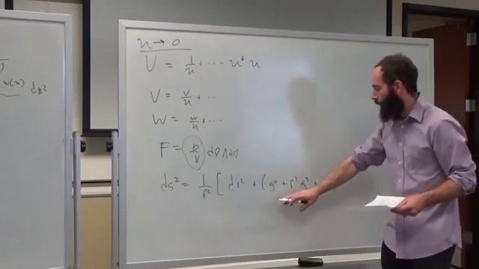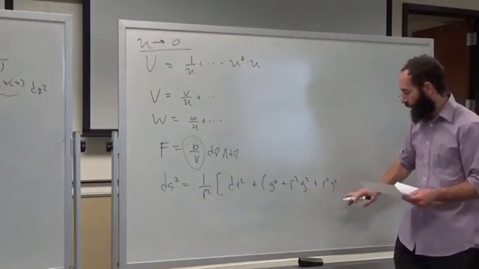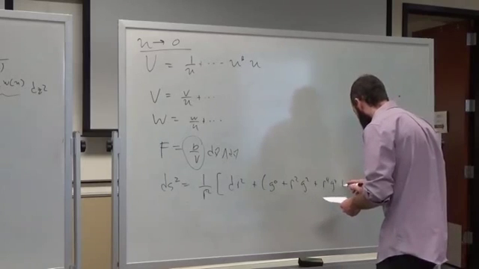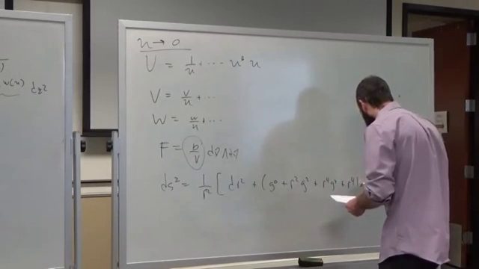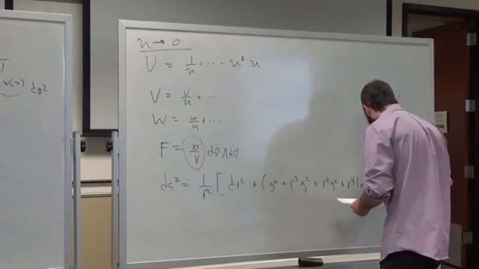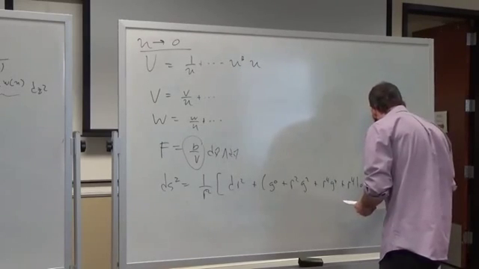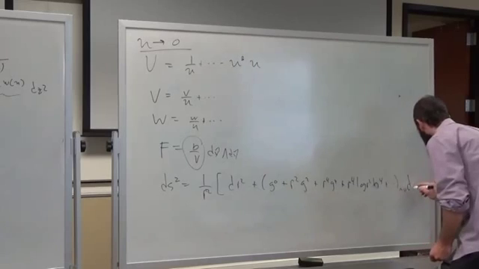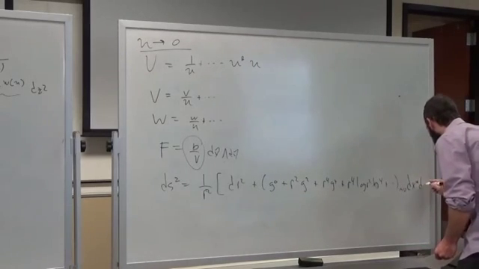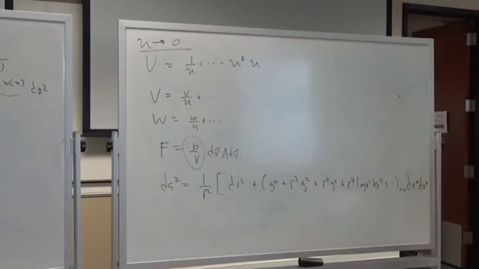So it's in essence just some series in R near the boundary. My mu and nu coordinates are just field theory coordinates, t, x, y, and z.